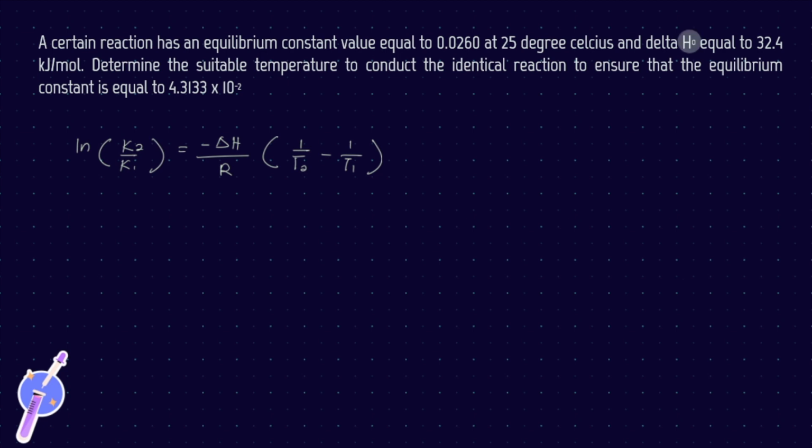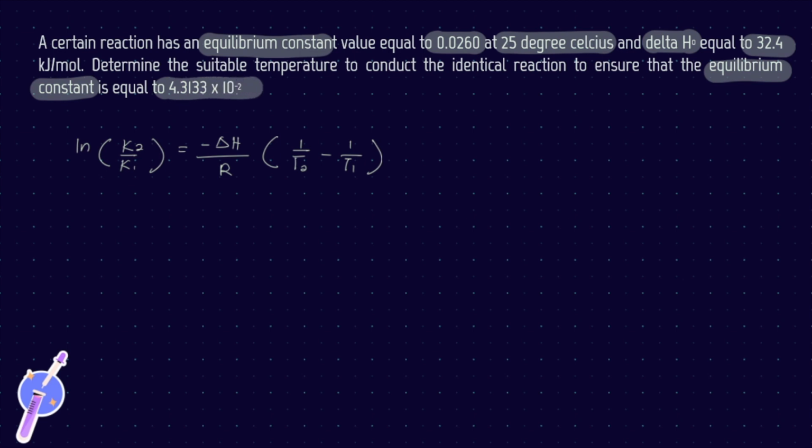The question gives you the value for the delta H, which is 32.4, and then the equilibrium constant, which is your K1, is equivalent to this, with the temperature 25 degrees Celsius for T1. And then the question also states that you want your equilibrium constant K2 equivalent to 4.3133 times 10 to the power of negative 2.